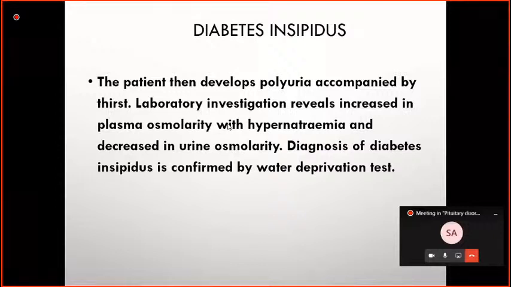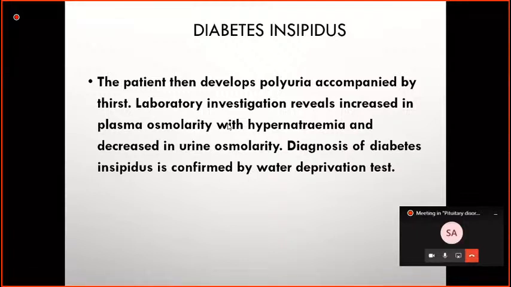In diabetes insipidus, your plasma osmolarity will still remain very high, with your urine osmolarity not able to increase. So what you do, you stop water, you measure plasma osmolarity and you measure urine osmolarity.